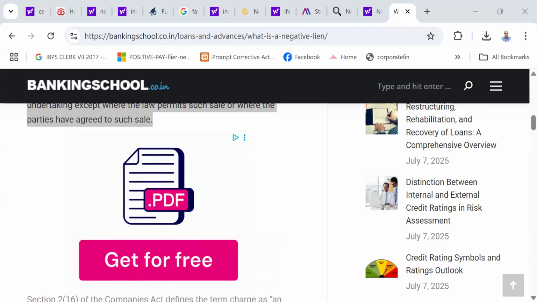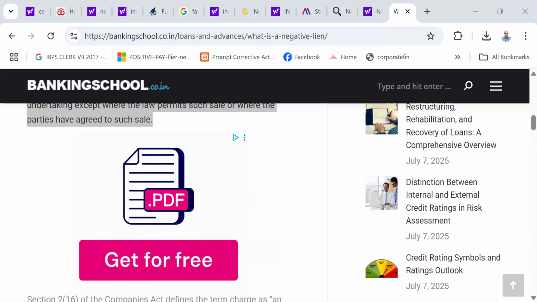Arnika will pay after 90 days. They will adjust their dues along with interest and then give the balance amount to Harjot. Or it can be like this: Harjot draws a bill on Arnika asking her to pay to Harjot. That also is possible. Okay, I'm clear, sir.